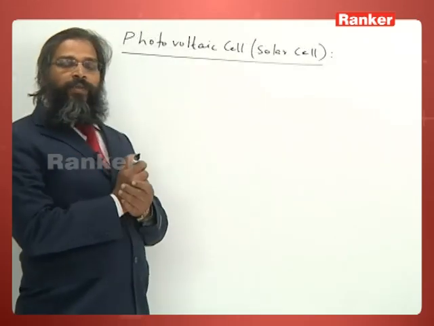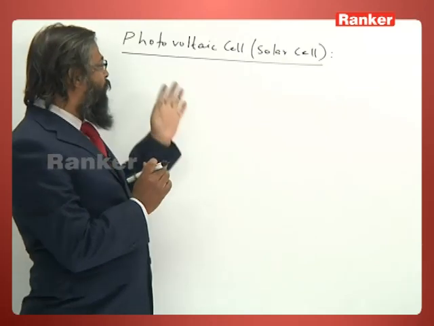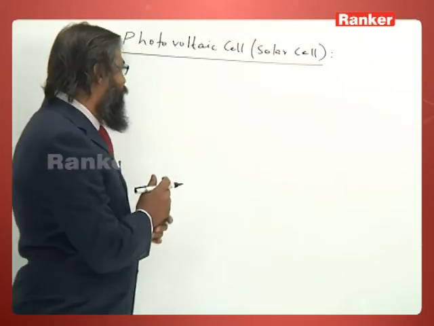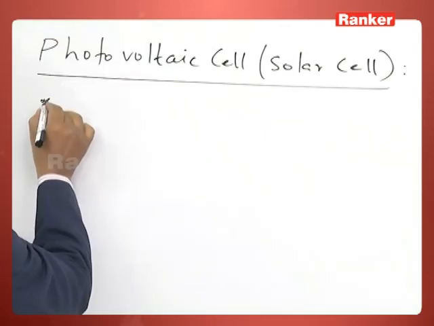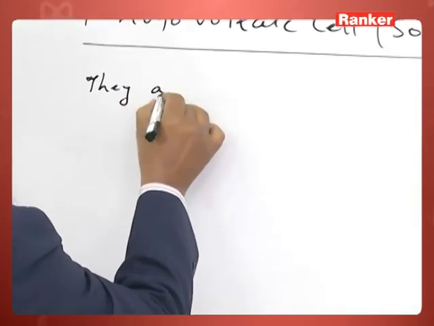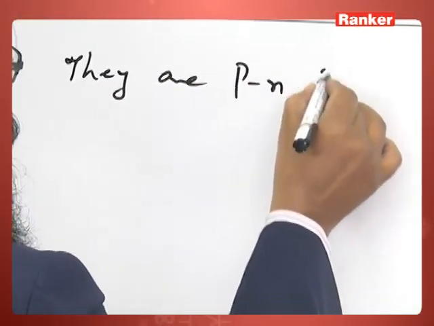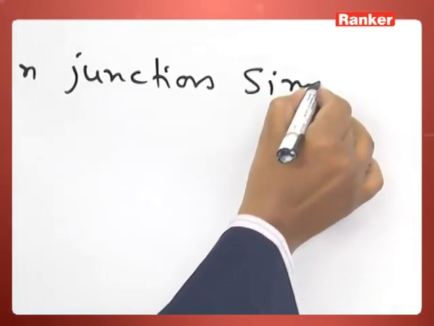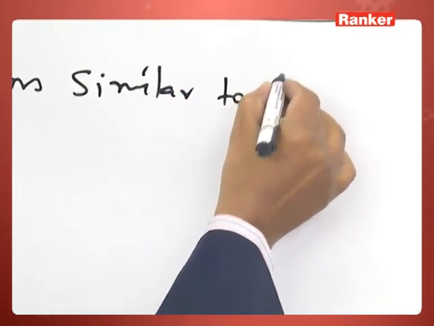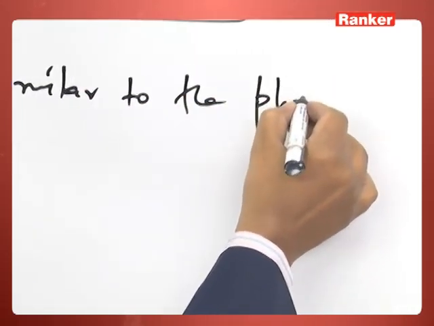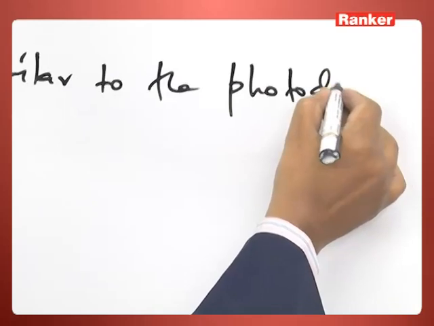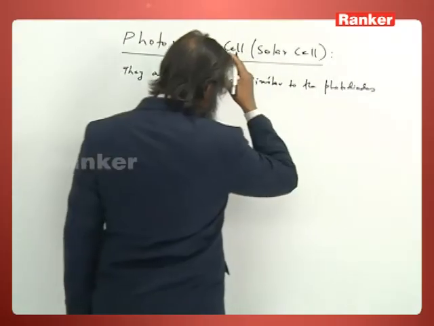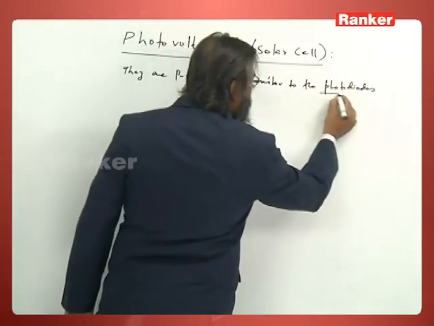Now, let us see what a solar cell is. They are often called photovoltaic cells. So, they are PN junctions similar to photodiodes.